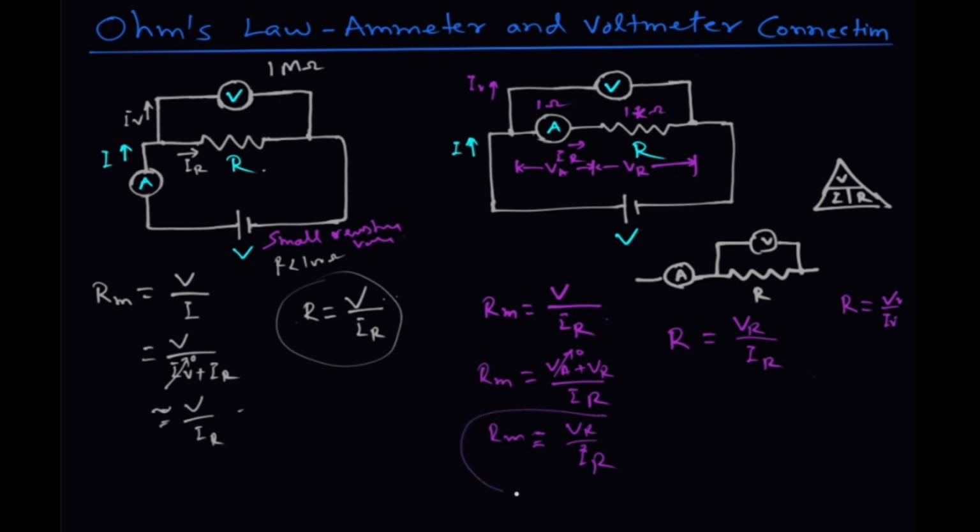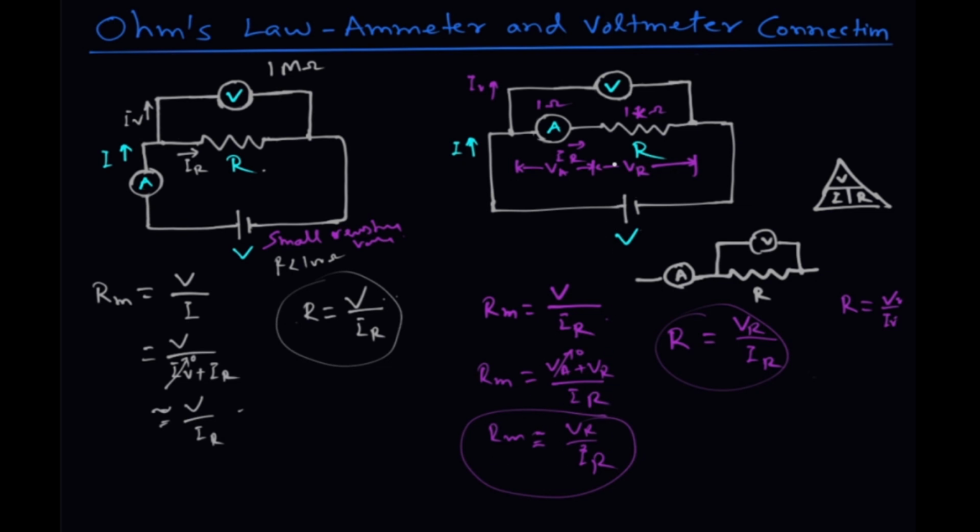So Rm and R will be almost the same. But if the ammeter resistance is comparable to this, suppose it is 10 ohm and the resistance is 100 ohm, then VA will be 10% of this, and there will be much error in this calculation.